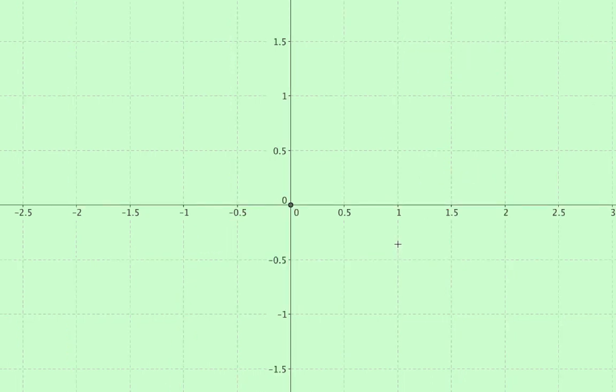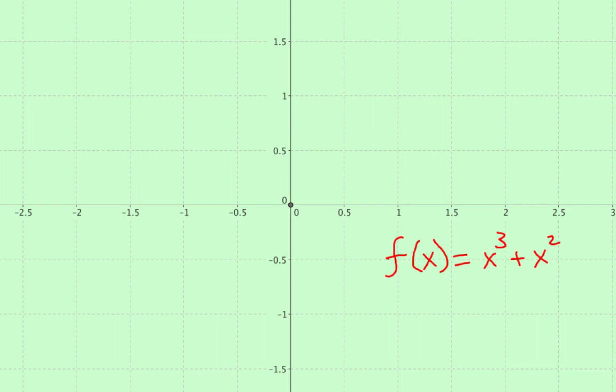Of course, not all functions are going to be either odd or even. Here's an example of one that is neither odd nor even. f of x is x cubed plus x squared. The x squared part is even, the x cubed part is odd. And now let's see what this graph says.